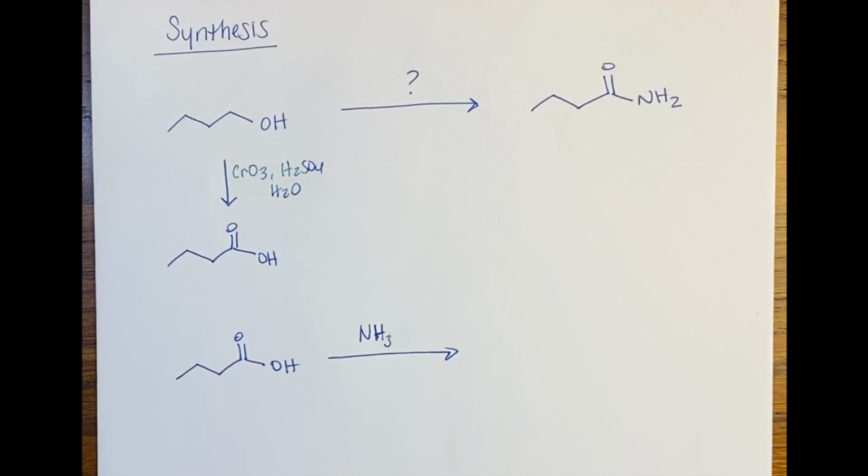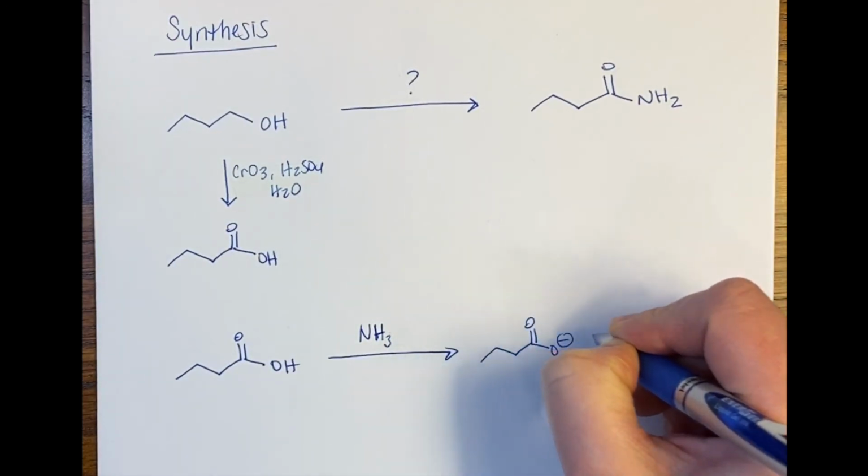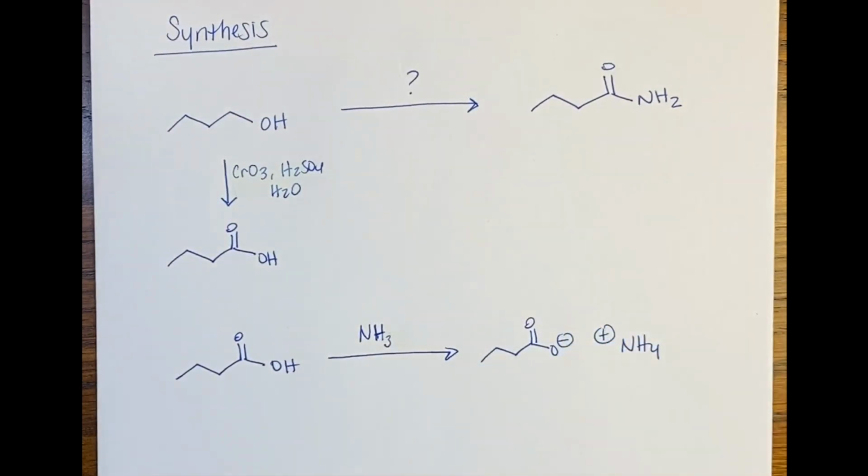Because if you take a carboxylic acid and an amine, what you will do is an acid-base reaction where we will get the carboxylate ion and an ammonium ion, like so. So that's not a valid strategy for this problem. We know how to make amides from acid chlorides, anhydrides, esters. So any of those strategies would be valid here.